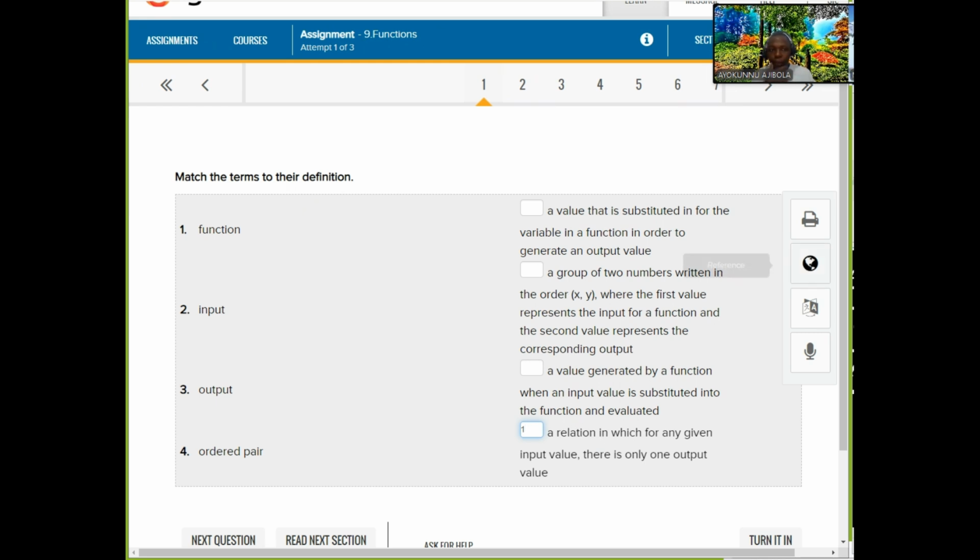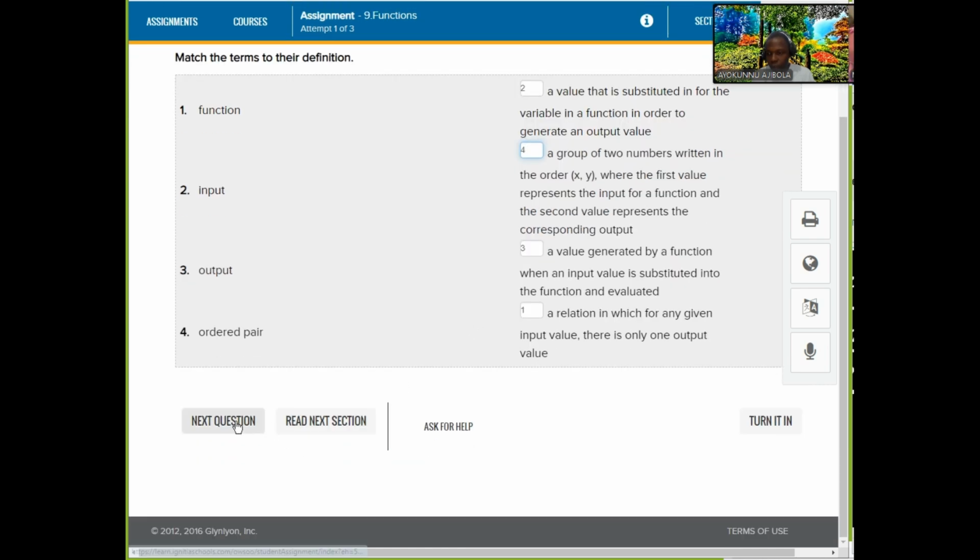What about input? Input is a value substituted for the variable. That's two. What about output? That should be a value generated, okay? Then ordered pair is the last one.